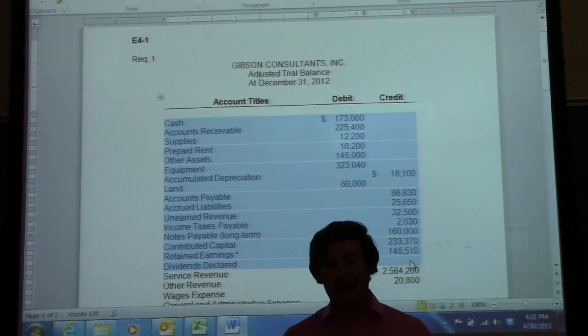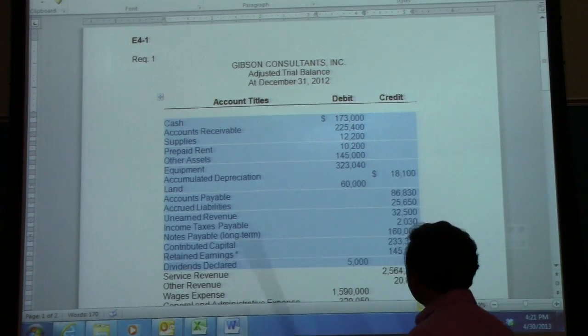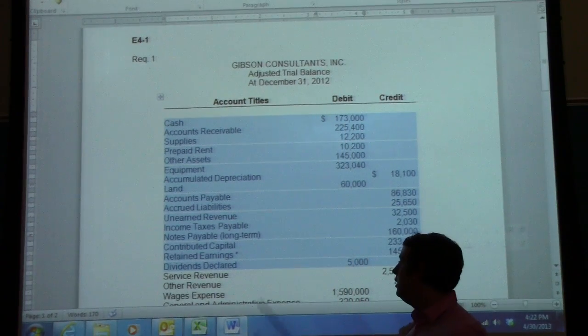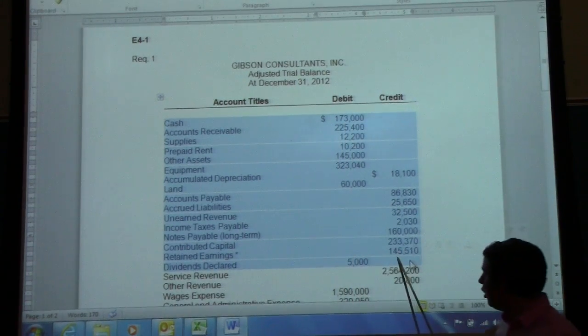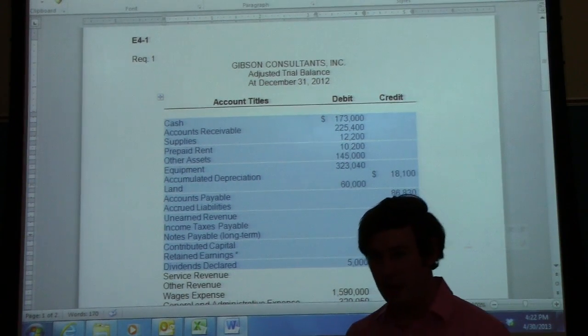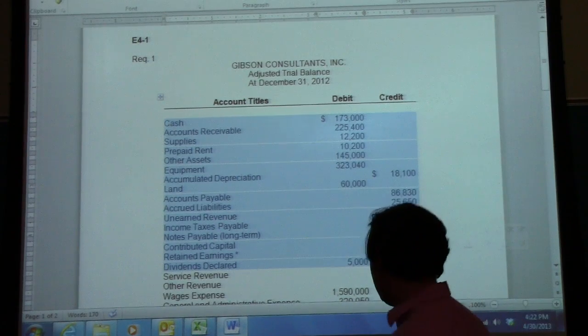You close that activity into retained earnings, okay? But an important point to note is that on an adjusted trial balance, the balance in retained earnings is considered as of the beginning of the year. This is as of the beginning of the year or beginning of the period, whatever period you're looking at.